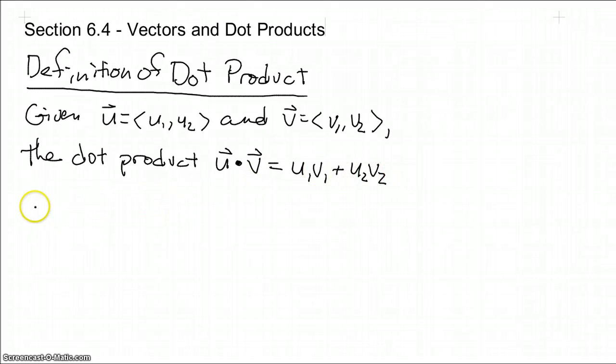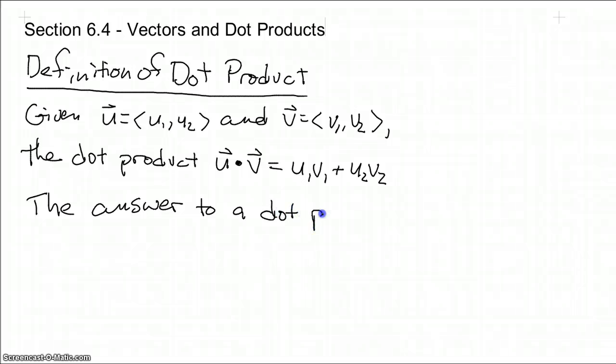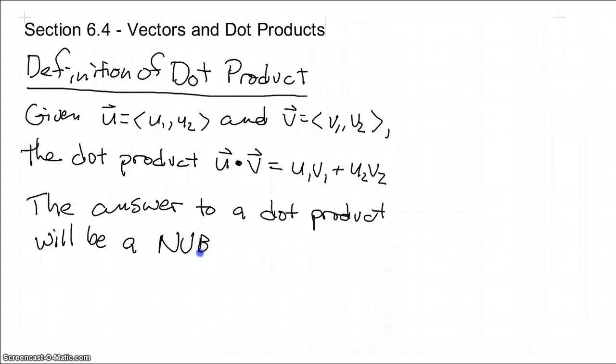So if you're thinking ahead, the answer to a dot product will be a number.